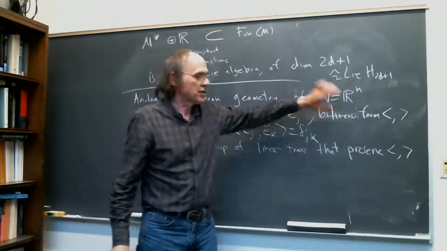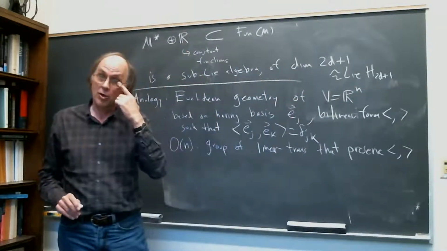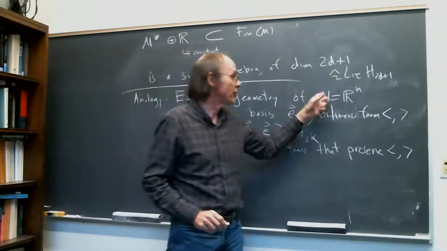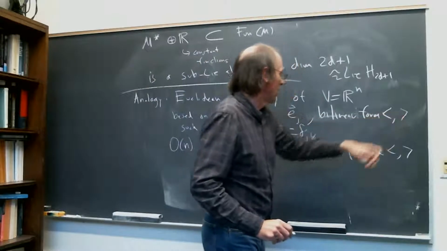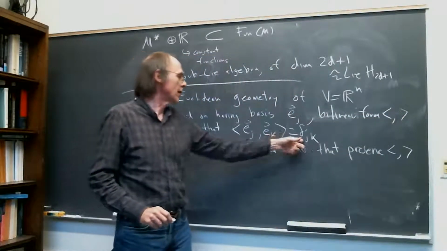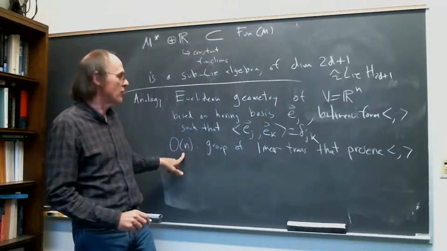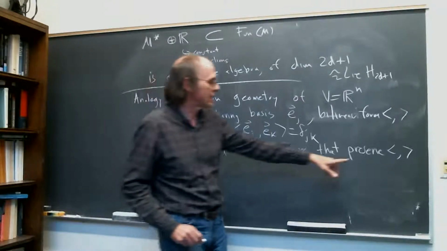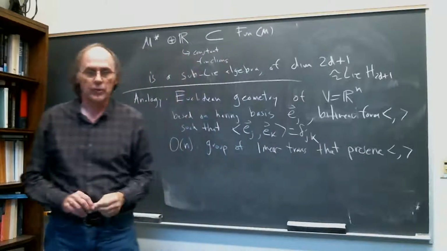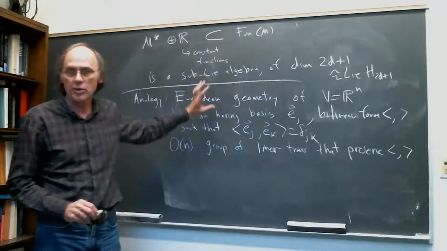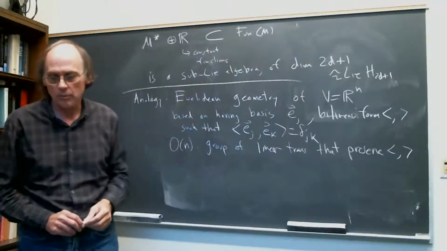If you just have a vector space, then you have GL(n), all linear transformations on it. If you put a non-degenerate bilinear form on it like this, you can look at the subgroup of things that preserve it, and that's the orthogonal group. So this package is really what Euclidean geometry is about.